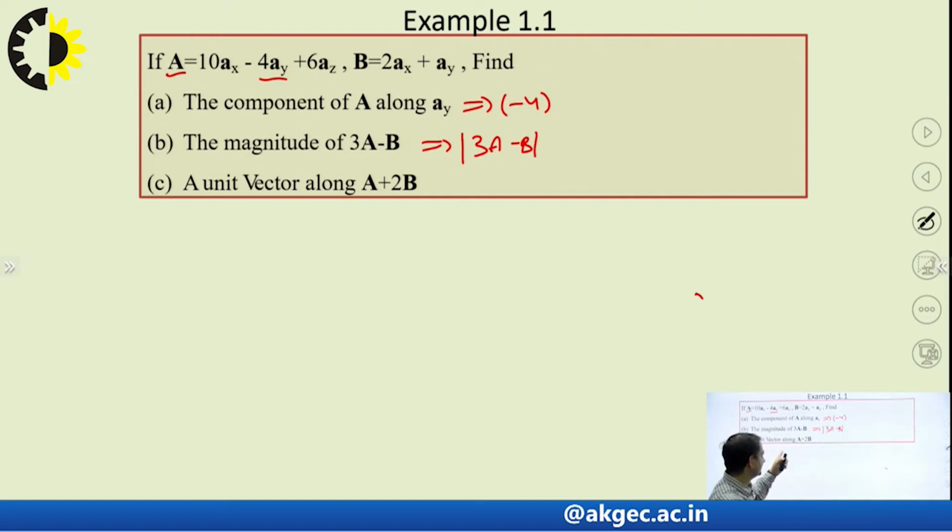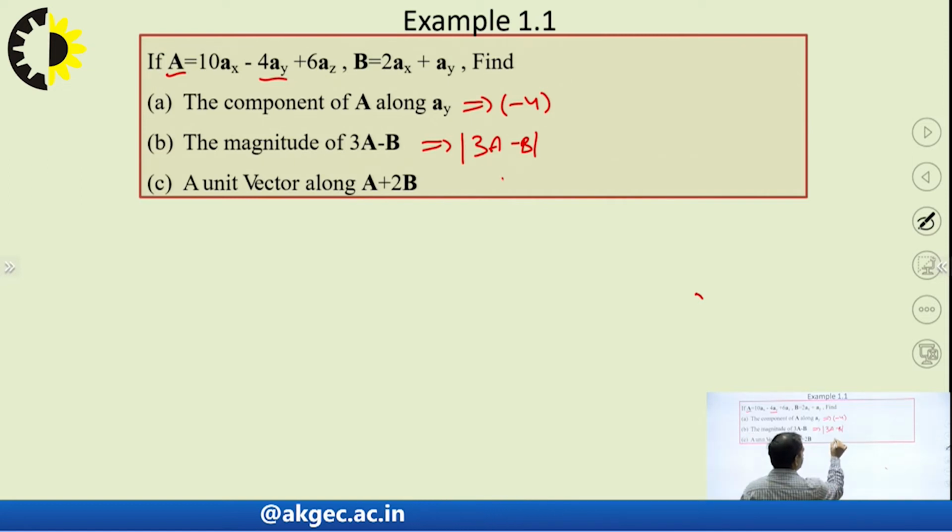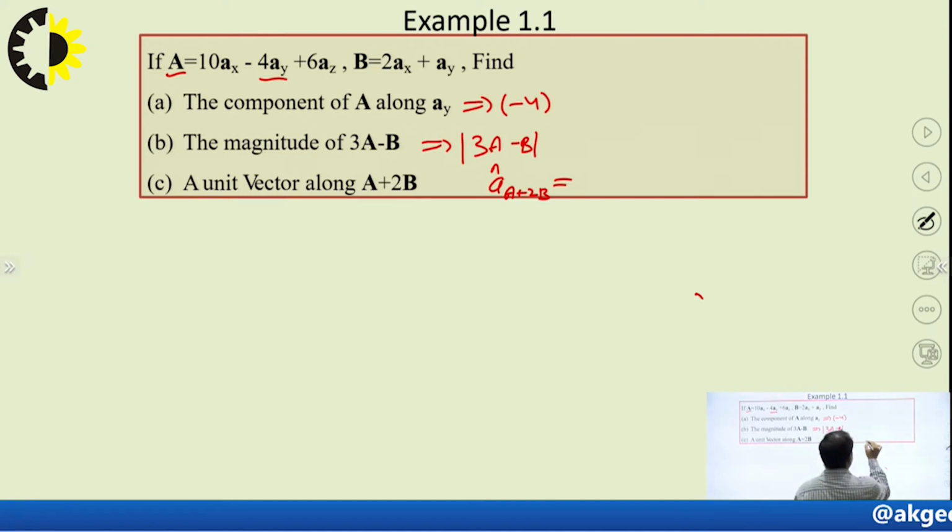Next is the unit vector along A plus 2B. How will you get this unit vector along A plus 2B? What do you have to calculate? The unit vector definition is: the vector divided by the vector magnitude.